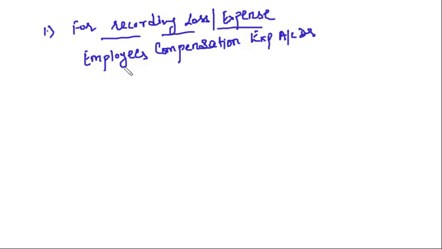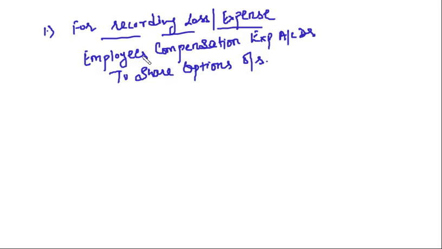We say employees compensation expense account debit to share options outstanding, because the options are not going to be exercised at this point when we are recording the loss. Options can be exercised only after a period of 5 years, that is the vesting period.